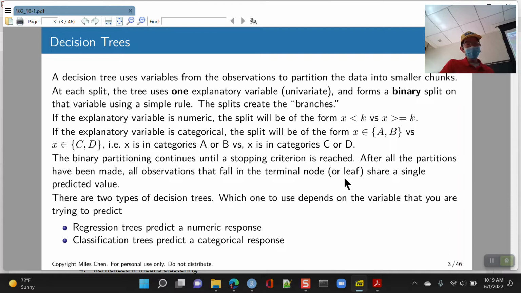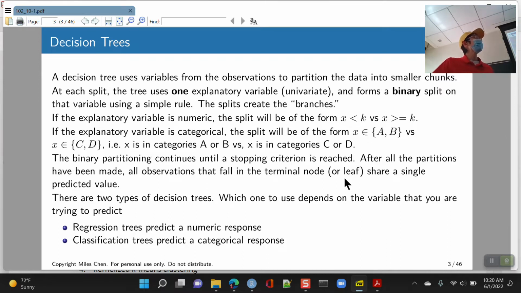If the explanatory variable is categorical, then you form splits in terms of, for example, x is an element of {A, B} versus x is an element of {C, D}, things like that. And we keep doing these binary partitions until a stopping criterion is reached. After all these partitions have been made, all the observations that fall in a single terminal node, or leaf, of the tree will share a single predicted value, okay?